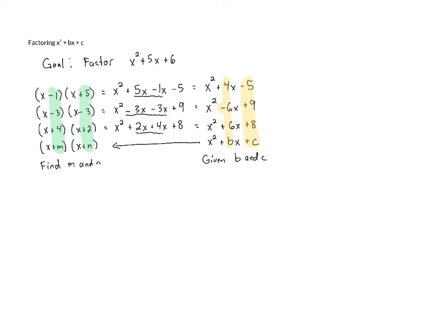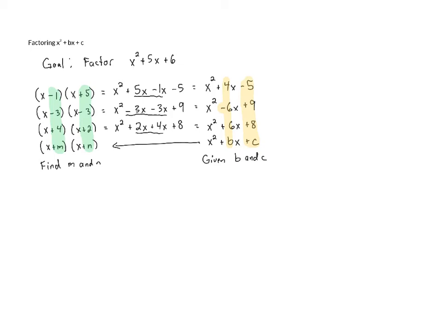So if we look at these problems, I want to focus on the coefficients of x, the 4, the -6, and the 6. Where does 4 come from if we start off with -1 and 5? In the same way that -6 comes from -3 and -3, and +6 comes from 4 and 2.